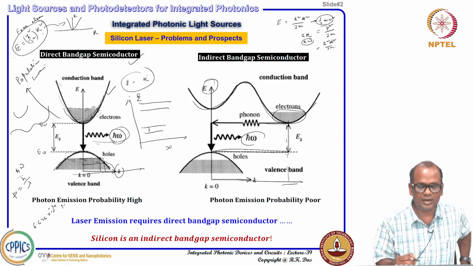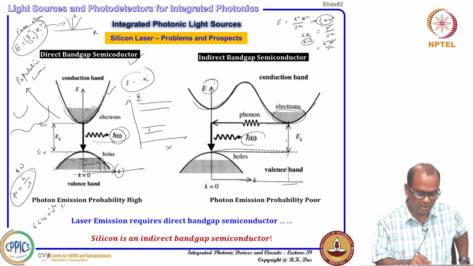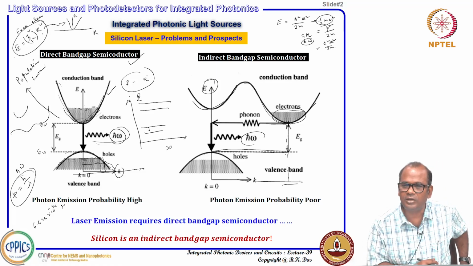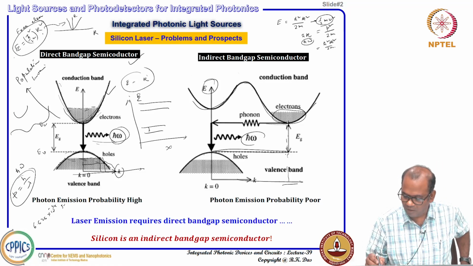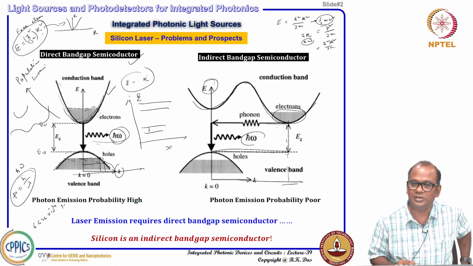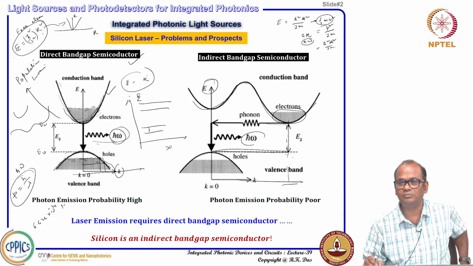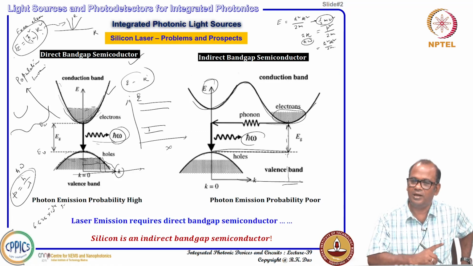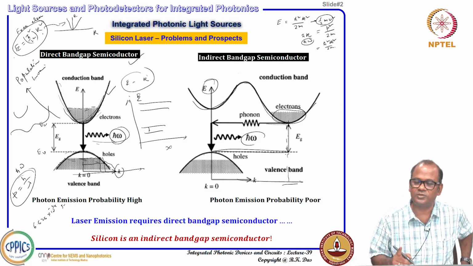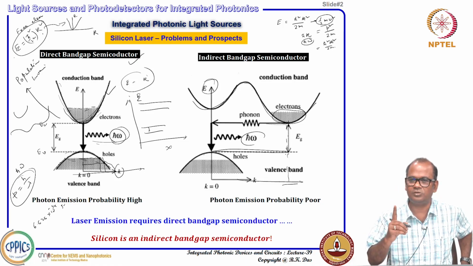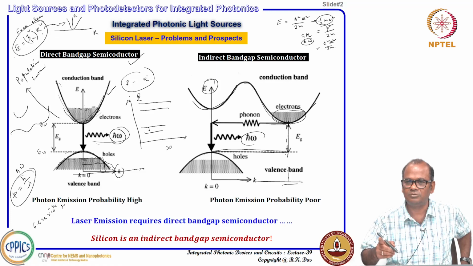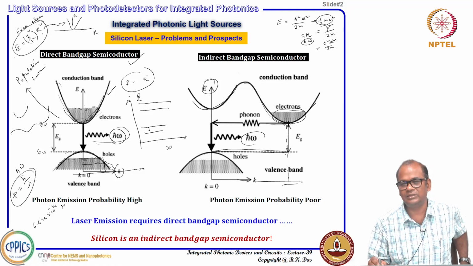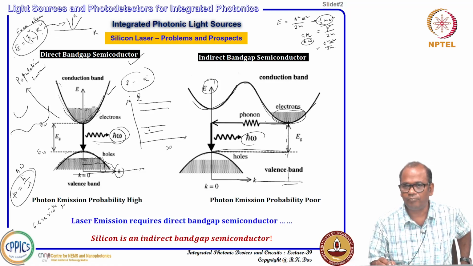But a photon, with its corresponding lambda and momentum, carries only a very little bit of momentum. So, ultimately the momentum mismatch is there if photons are to be emitted, and that is against the laws of physics. For any transition to take place, you have to consider two fundamental laws: energy conservation and momentum conservation. Since momentum conservation is not satisfied, it takes a little bit of an indirect way.